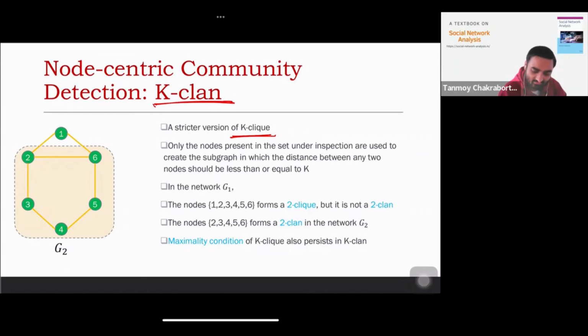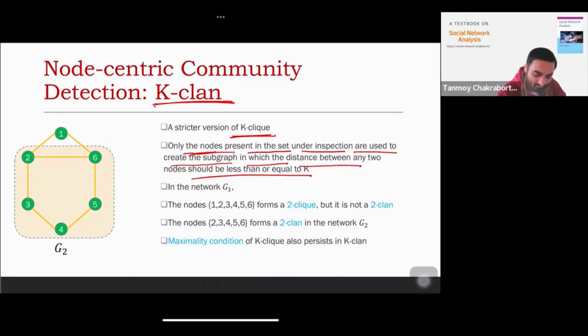But here it says that only the nodes present in the set under inspection are used to create the subgraph in which the distance between any two nodes should be less than or equal to K. Meaning that you only focus on the induced subgraph of nodes present in the set, right?